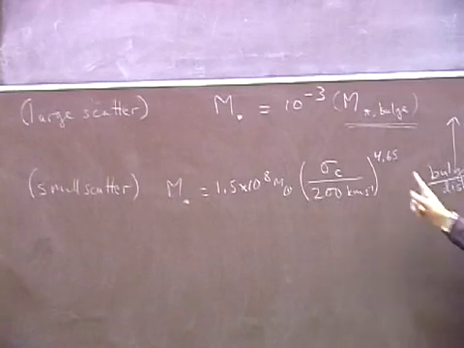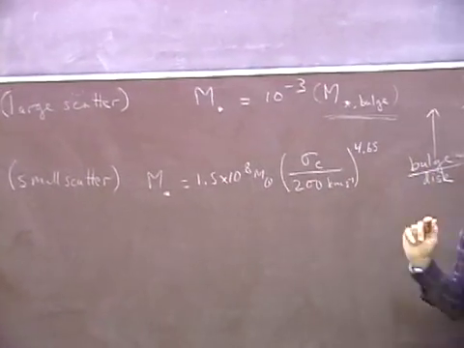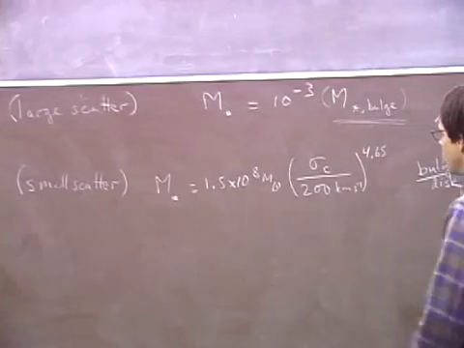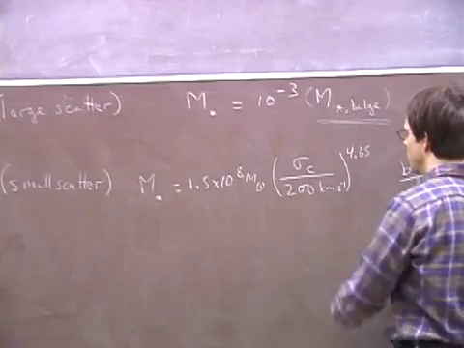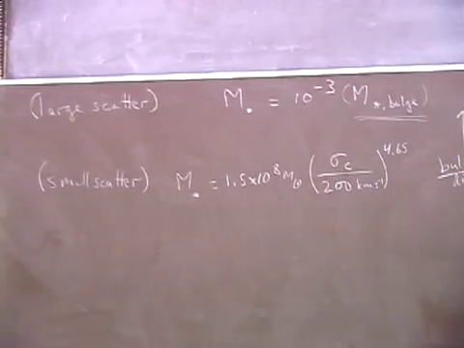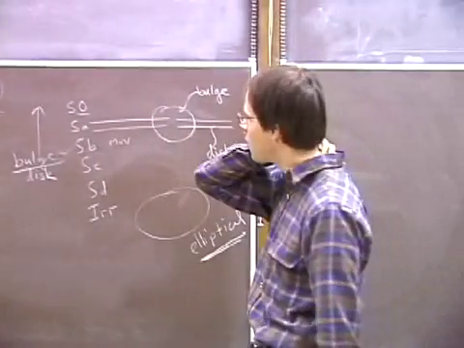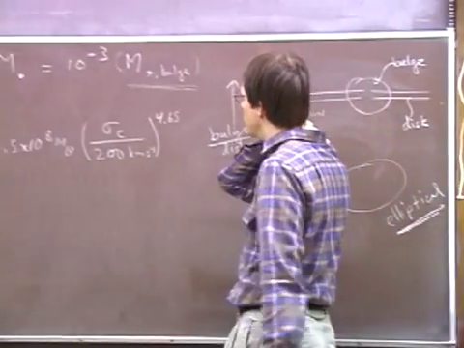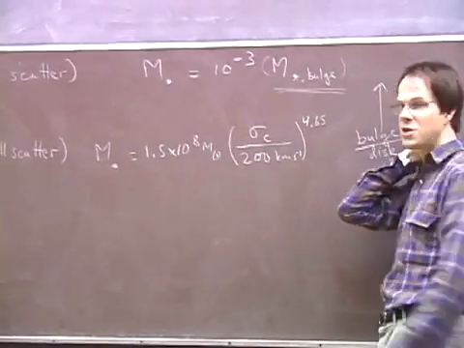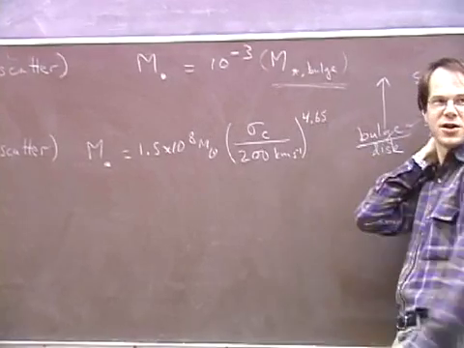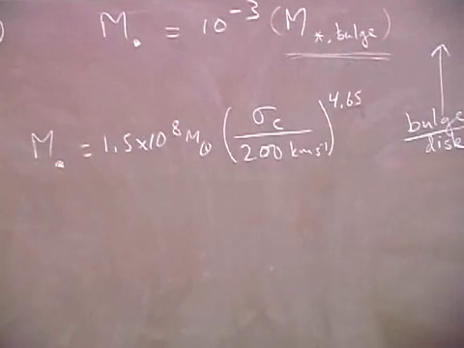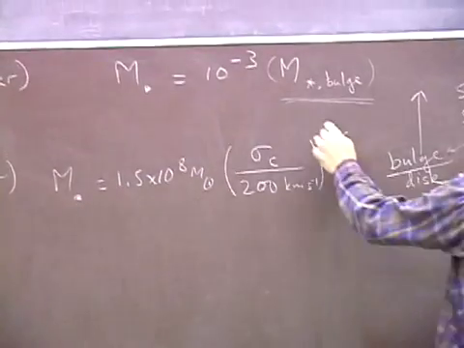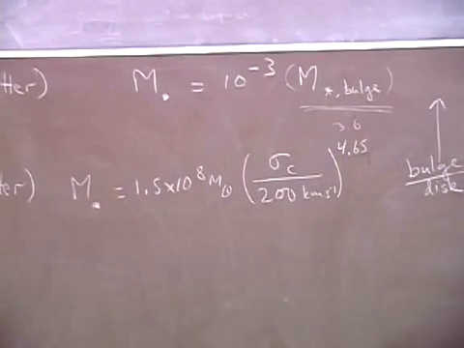Now you notice there are a lot of significant figures here, and this relationship is somewhat controversial. This one that I told you here is from Merritt and Ferrarese. Despite the 3 significant figures here and the claimed errors, which are in this last significant figure, there's a paper around the same time by Gebhardt and Ferrarese, which gets about 3.6 here.